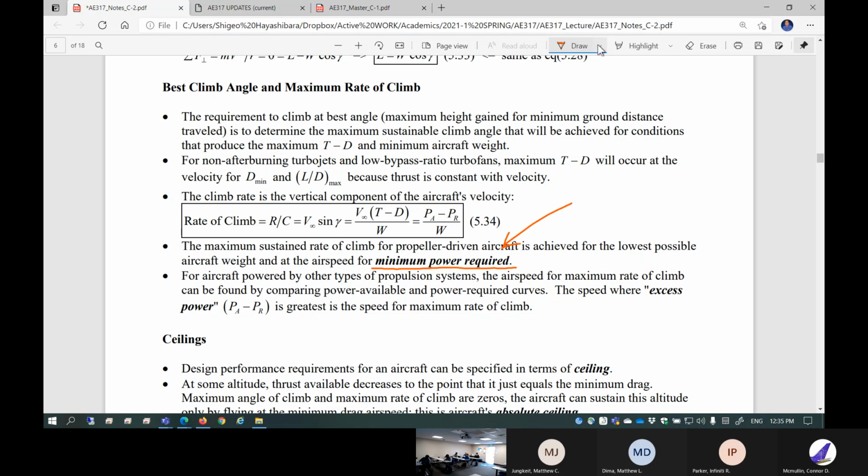I told you to memorize it. Yeah, 3 times CD0 is K times CL squared, right? I told you to memorize it. So this is the condition for minimum power required for maximum sustained rate of climb.